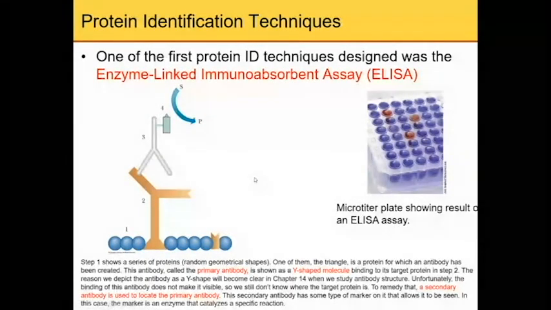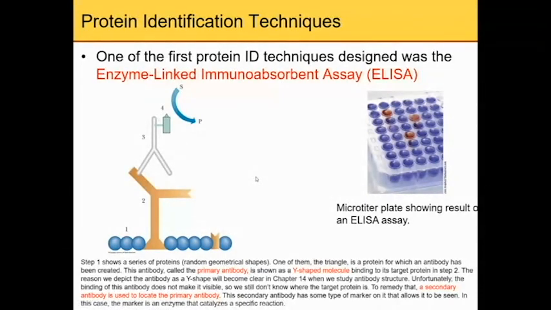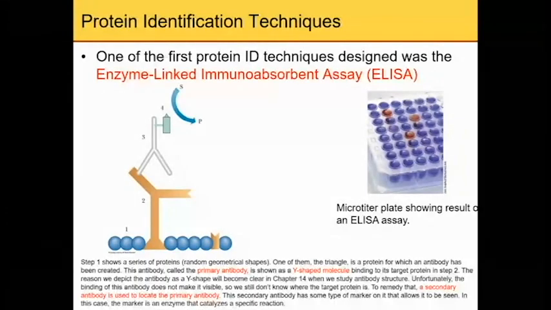And this is another way that you can identify the protein, through ELISA. So this is another technique. For example, here you have the protein, and the primary antibody will recognize and bind the protein.